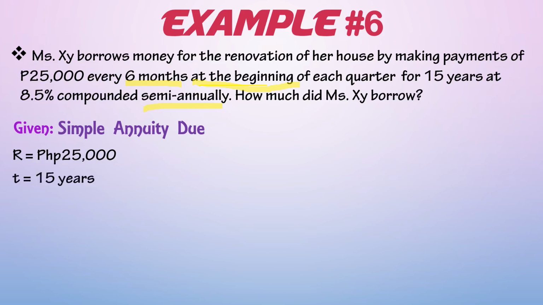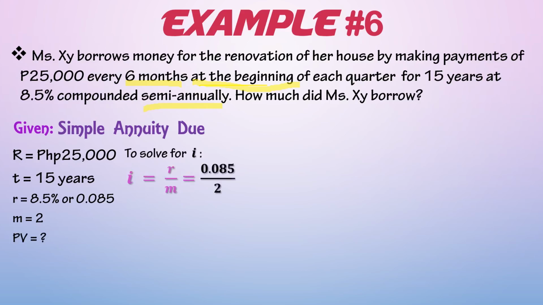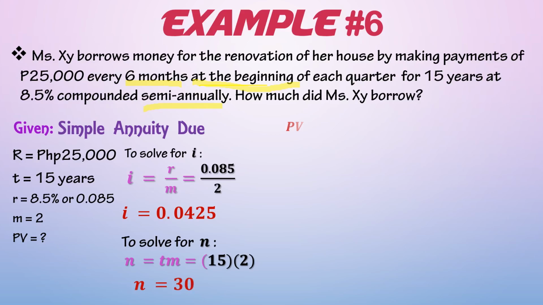She is going to pay it for 15 years at 8.5% or 0.085, and semi-annually, so your m is 2. How much does Miss Sai need for the renovation? So for the i, we will have 0.085 divided by 2, which is 0.0425. And for the n, that will be t, 15 years times 2, so we'll have 30.